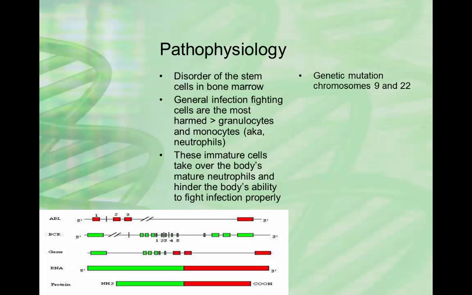There are also genetic mutations, as previously stated, in the chromosome 9 and 22 with reciprocal translocation, in which a piece of chromosome 9 containing the oncogene ABL is translocated to chromosome 22.